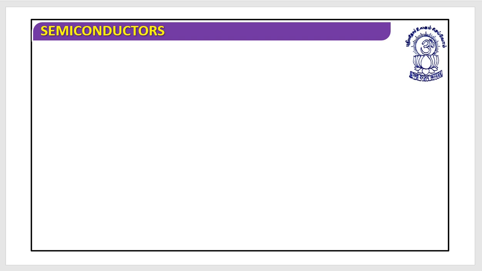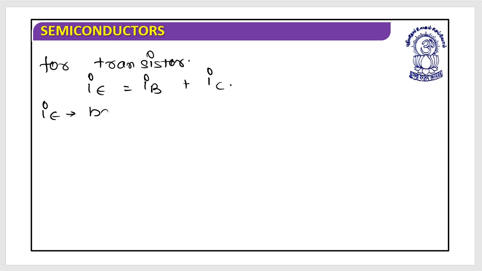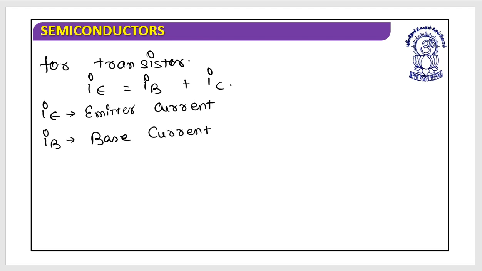So for a transistor, we know that IE equals IB plus IC, where IE is the emitter current, IB is the base current, and IC is the collector current.